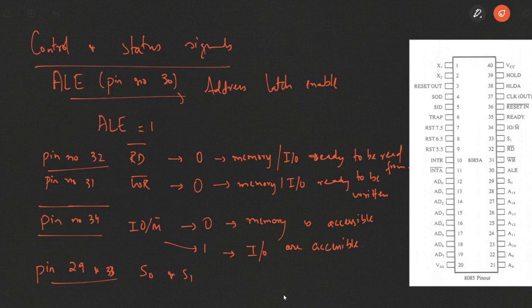Fine. So these two signals are the status signals of a microprocessor. They are similar to what pin number 34 does. That is, they define the status of a microprocessor.